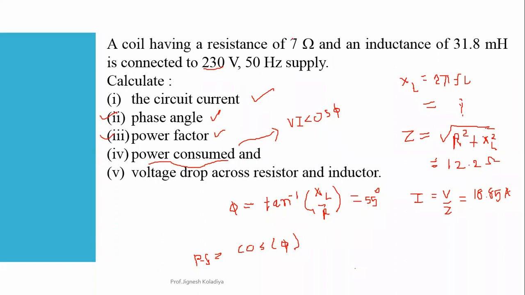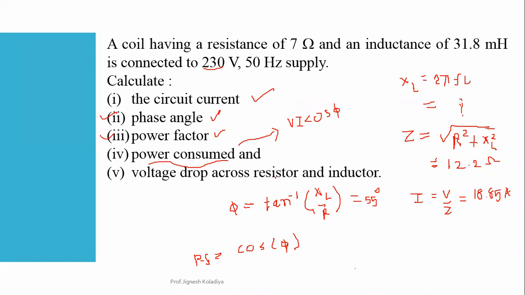V is 230, I is 18.85, and cos phi is 0.57. Put down the values, so you will get the power consumed.